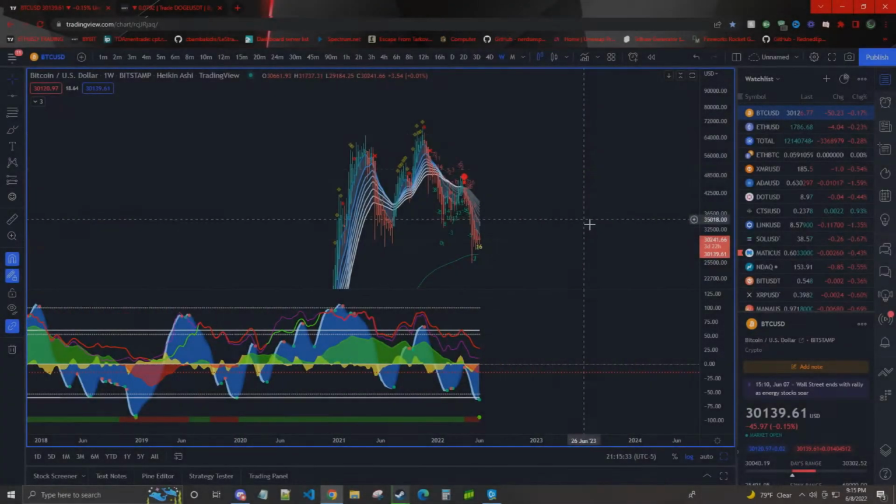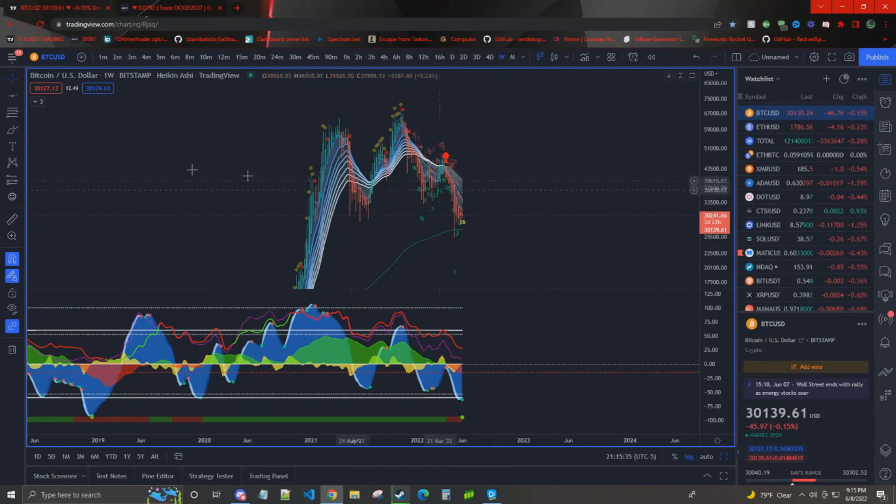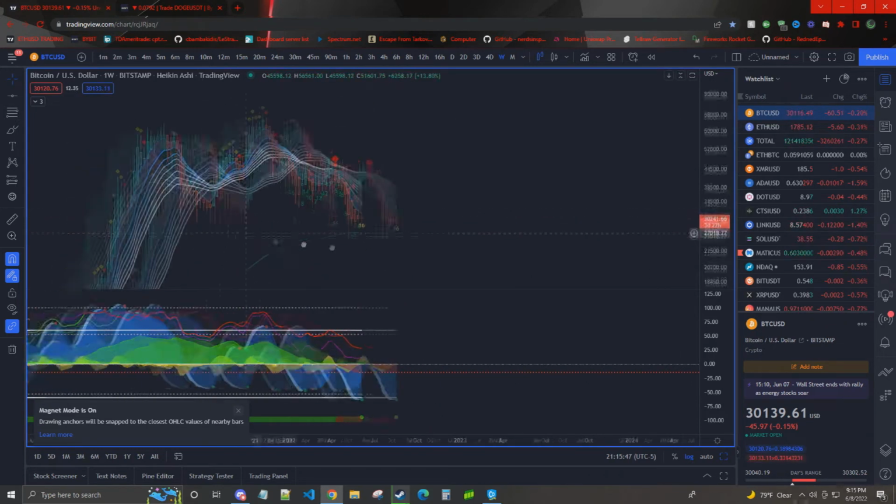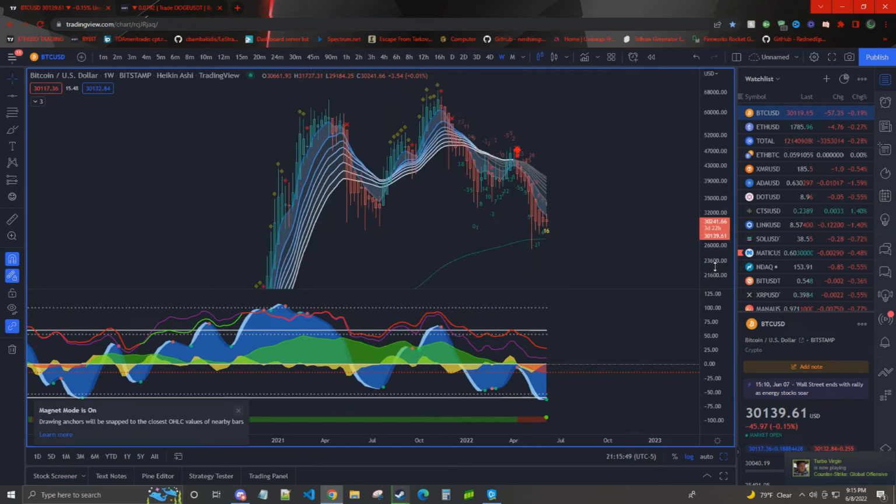What you want to do is go to the weekly chart, and get your magnet tool, which is right here, and that basically sticks your cursor when you're using a tool to the wick or base of a candle based on what you choose.